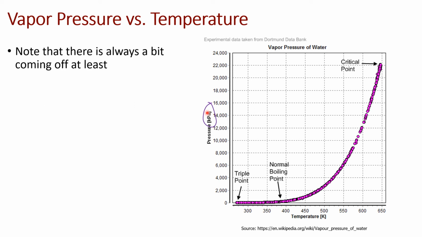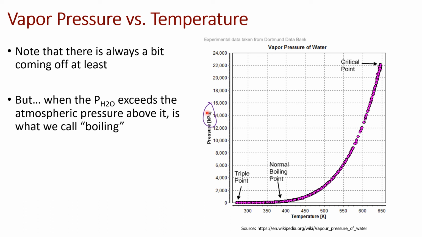So even though there's always a bit coming off, when we get up to this spot, and this is in Kelvin, so this is 393 K or 100 C, what's happened is, if you could see this part right here, that's when we get to, let's say, 101 kPa. Well, that's important because that's the atmospheric pressure.